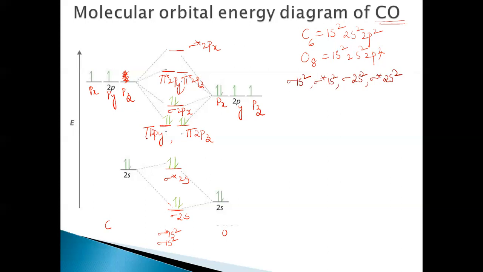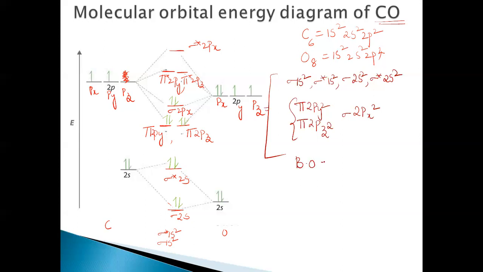So these 2 are degenerate levels, pi 2py2 and pi 2pz2. Then comes sigma here, sigma 2px2. This is the electronic configuration of carbon monoxide.